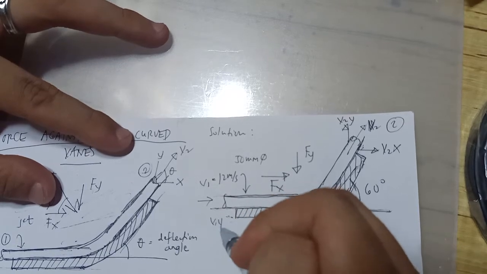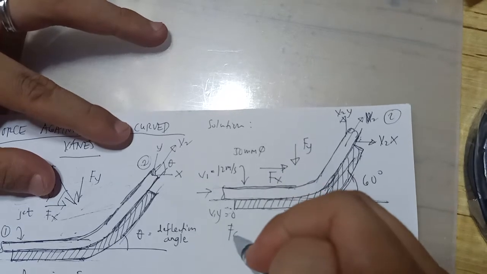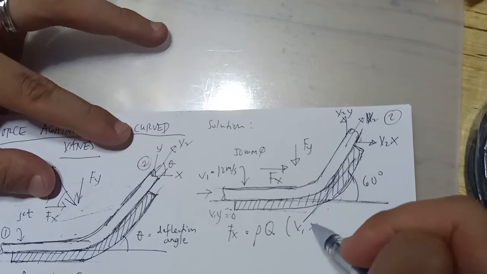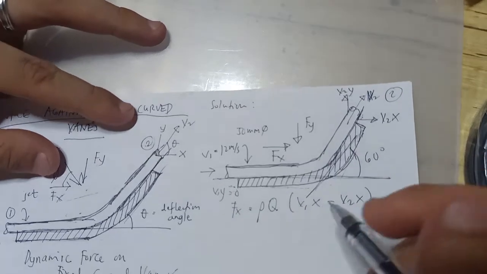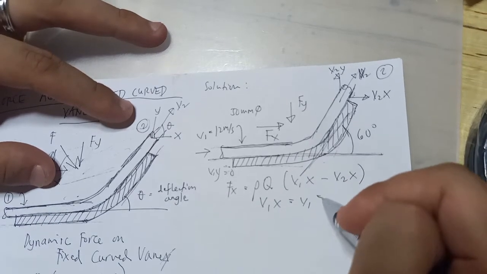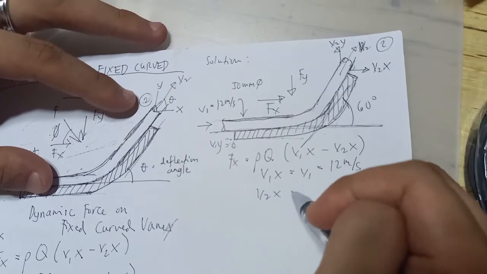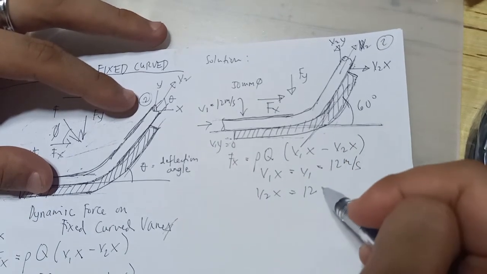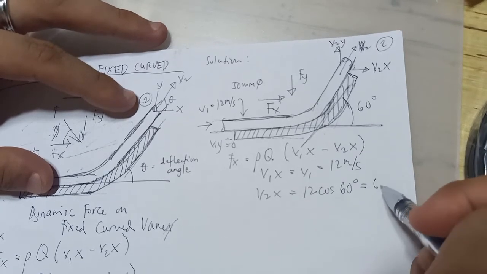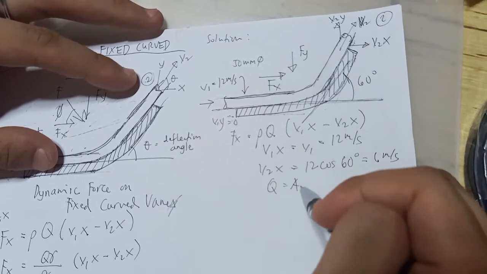So our v sub 1y equals 0. So Fx equals mass density times discharge times v sub 1x minus v sub 2x. Our v sub 1x equals v1, which is 12 meters per second, and v sub 2x is 12 times cosine 60, which is 6 meters per second, and Q equals Av, no?